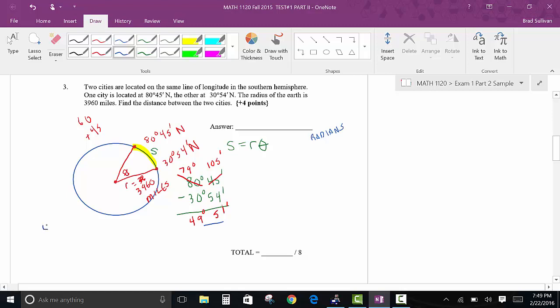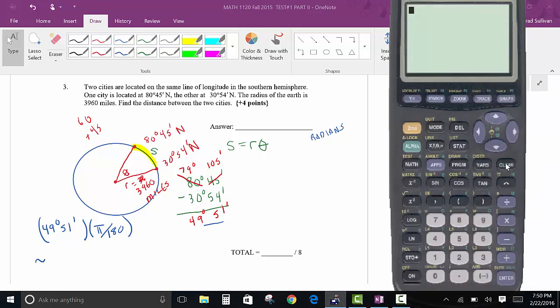So what we'd need to do is take 49 degrees 51 minutes and multiply that by pi over 180. Since we're allowed to use our calculator, I'm just going to display my calculator and crunch that out this way. In parentheses, I'm going to say 49 plus 51 sixtieths.